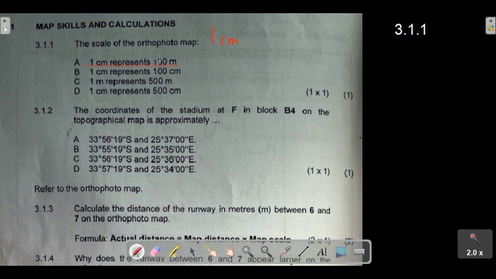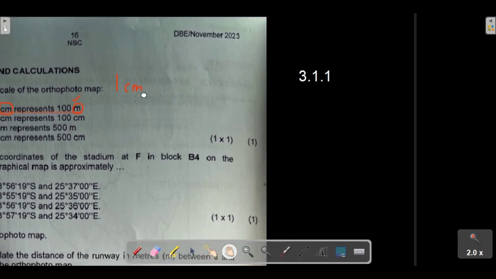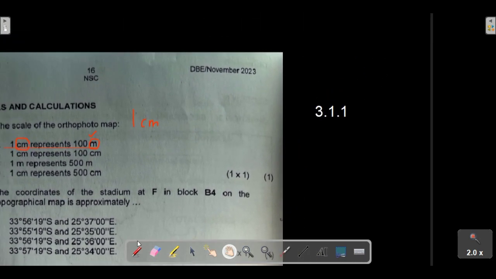Because this has to be the same kind of SI units, we have to convert the meters into centimeters in order to see it clearly. To convert 100 meters into centimeters, we have to multiply 100 meters by 100.